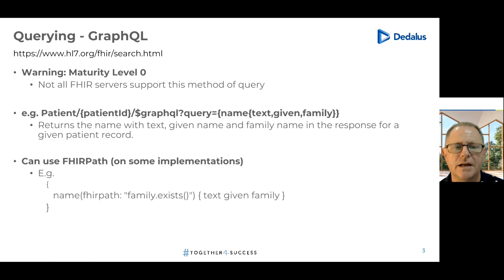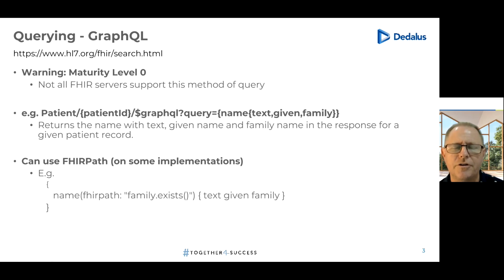In that particular example, we're saying just give me the names where the family name exists, and respond back with the text, the given name, and the family name. Again, not all FHIR servers have the FHIRPath capability yet, so just check what your FHIR server implementation supports.